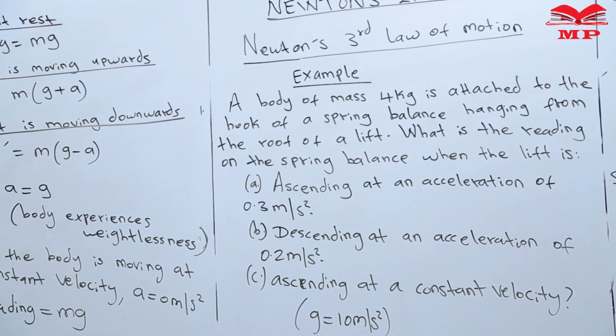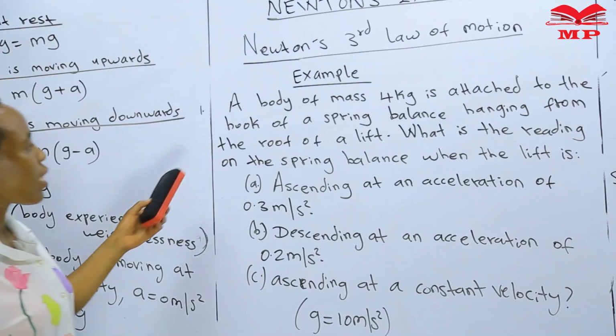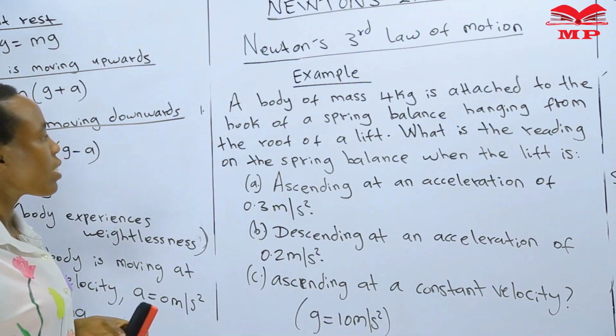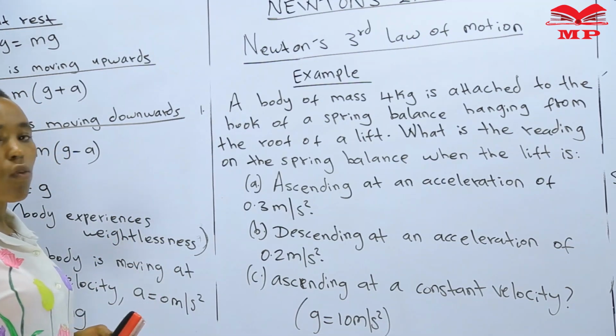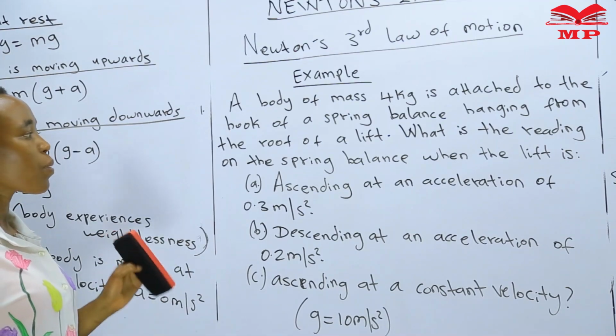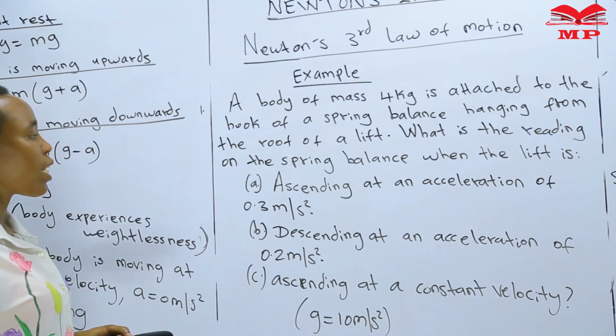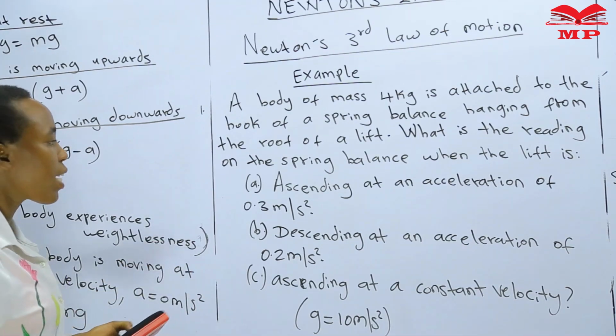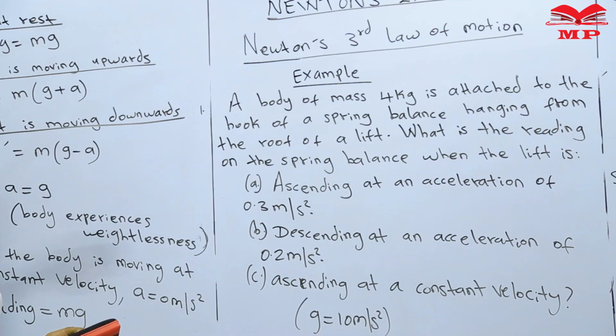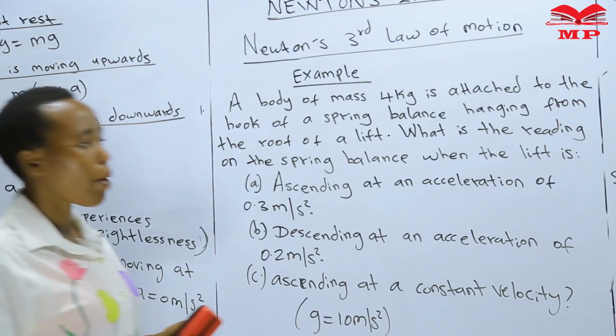So I'd like us to solve that question together. We are given a body of mass 4 kilograms attached to the hook of a spring balance hanging from the roof of a lift. So we have a spring balance in a lift. What is the reading of the spring balance when the lift is A, ascending at an acceleration of 0.3 meters per square second? In this case again, we are simply being asked what is the reading of the scale. Our scale here is the scale in the spring balance.